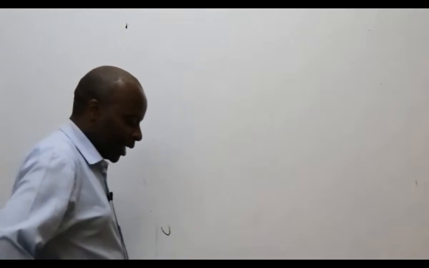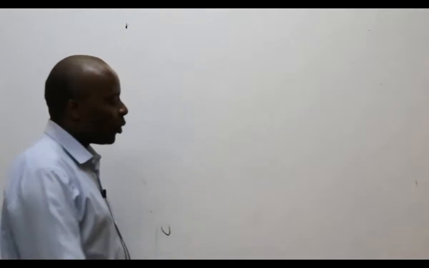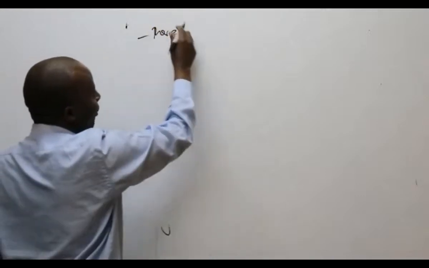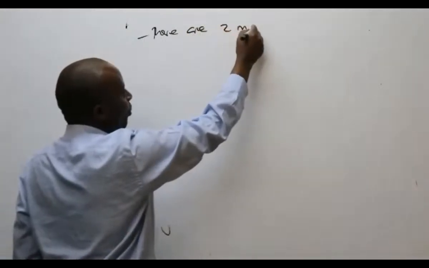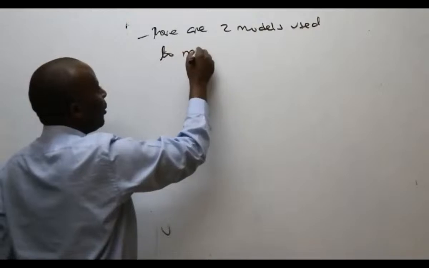Ladies and gentlemen, for us here, there are two models which are normally used to measure correlation. We're writing our notes that there are two models used to measure correlation.